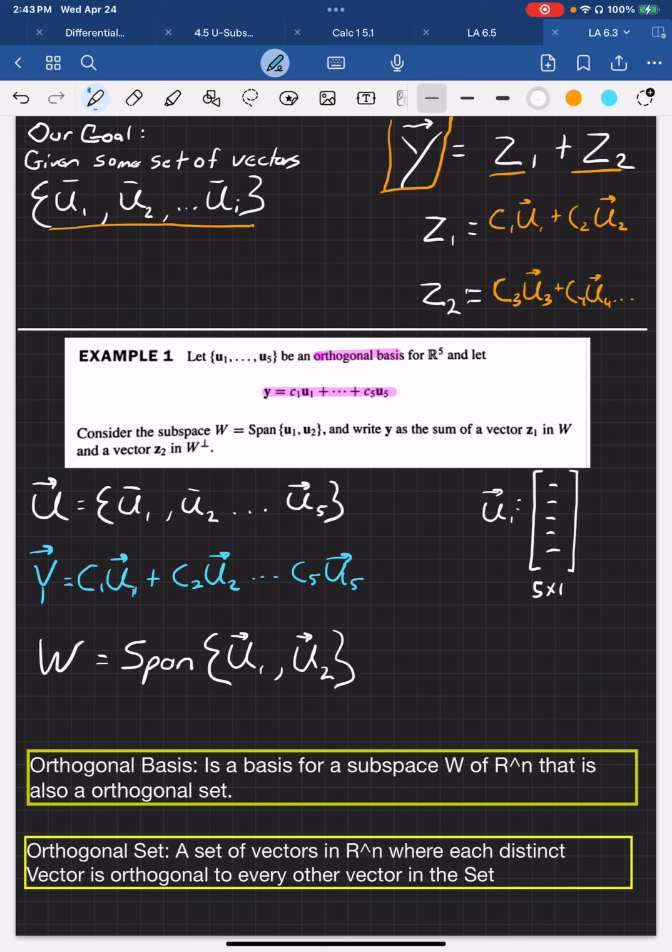So for our job, W is a subspace. You can get to every point in W through some linear combination of the first two vectors in set U. You could think of it geometrically as a two-dimensional cross section of a fifth dimensional space, if that helps.